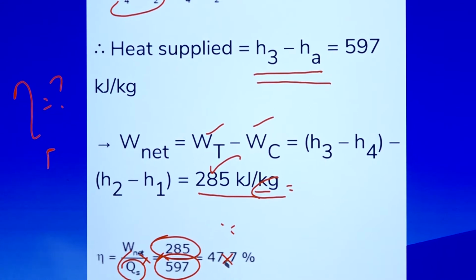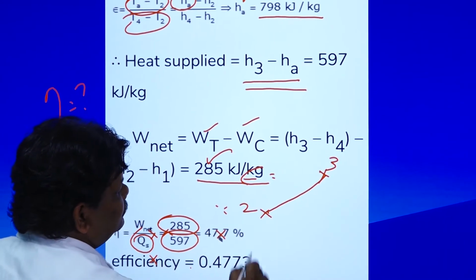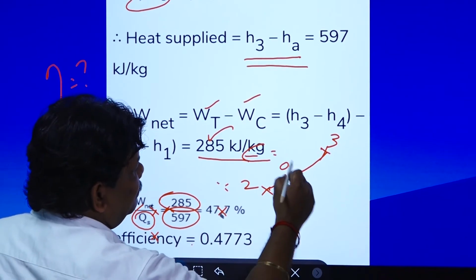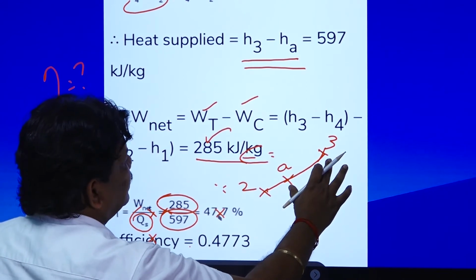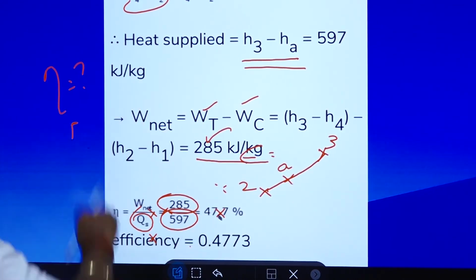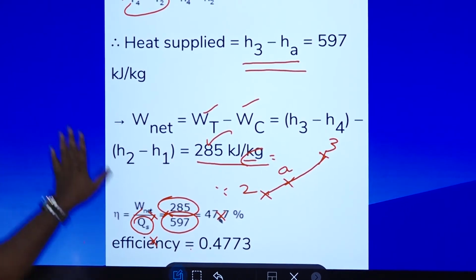Here the heat energy supplied should not be considered from 3 to 2. So H3 minus HA is the amount of heat energy supplied with a regenerator of 80% effectiveness.